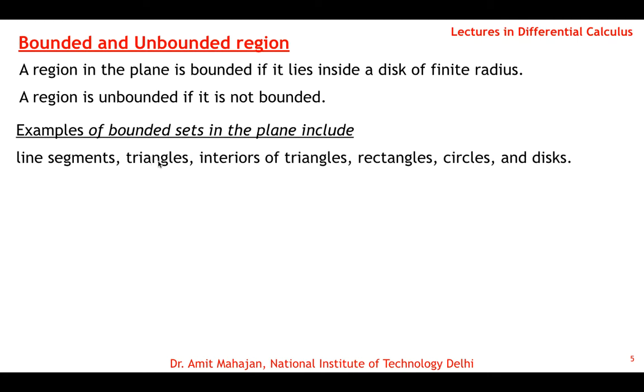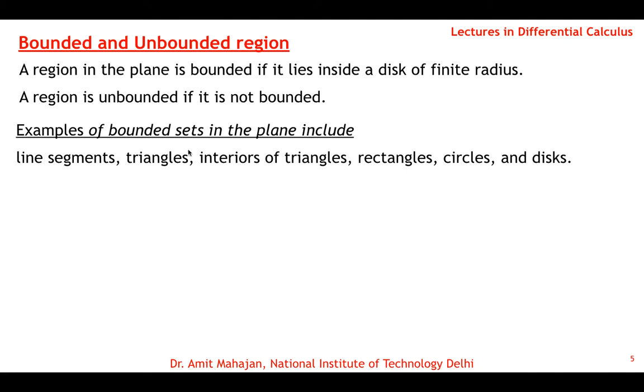For example, a bounded set in the plane will include line segments, triangles, interior of triangles, rectangles, circles, interior of circles, disk, interior of disk. If you have a line segment, it will have fixed endpoints, so fixed length, and you can always draw a disk of larger radius such that this line segment lies entirely inside that disk.